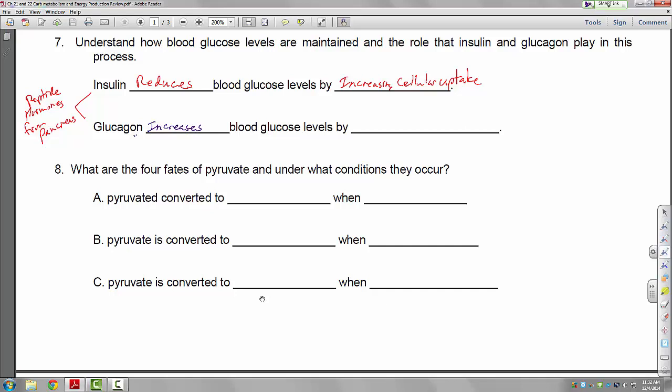So it does decrease cellular uptake, but it also activates glycogenolysis. So glucagon increases blood glucose by decreasing cellular uptake and increasing glycogenolysis.